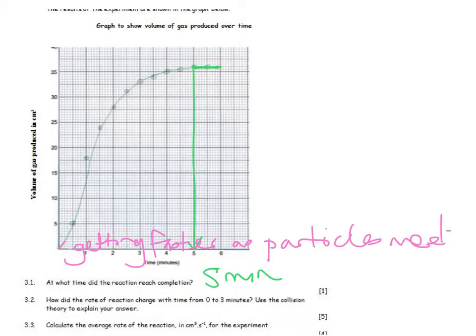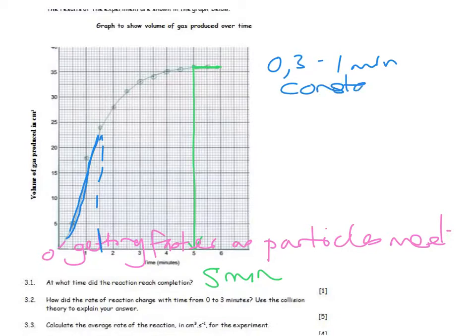And you need to say right at the beginning or between 0 and 0,3 minutes, something like that. Then you can say the rate then goes quite fast and is steady up until approximately 1.5 minutes. So 0,3 to 1 minute, it's quite a constant rate.